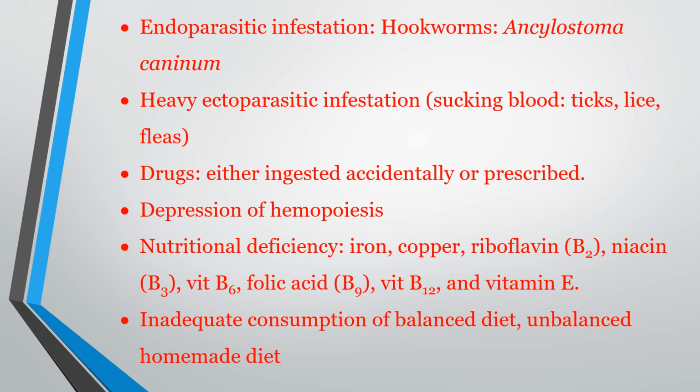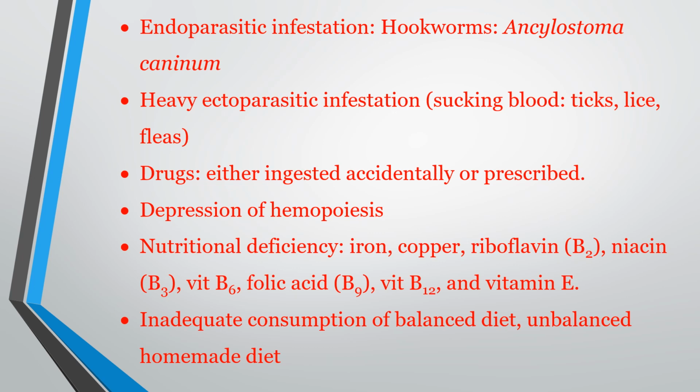Another important thing is, sometimes a balanced diet is fed. A balanced diet contains everything, nutrients, both minerals and vitamins. But inadequate consumption of this balanced diet causes deficiency and anemia. And very commonly anemia is observed subclinical.